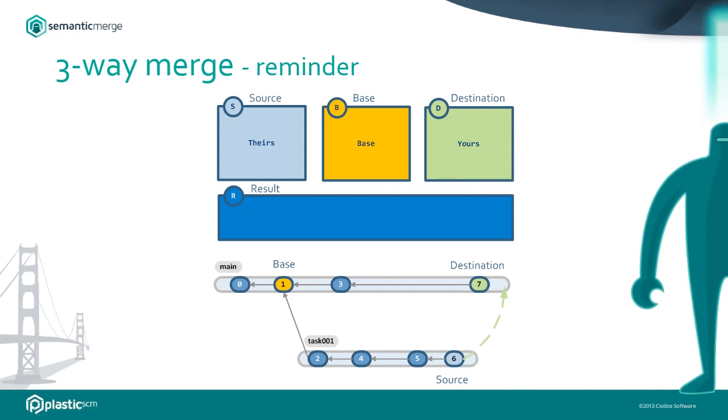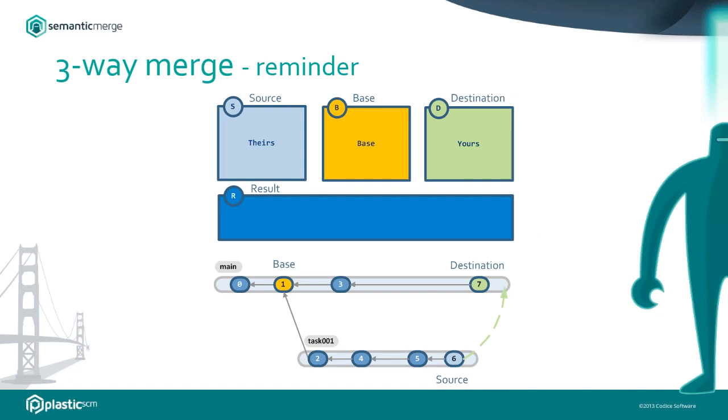Any modern version control, if you're using Git or Mercurial or our own Plastic also, will be able to find that there's an ancestor for the merge, and in this particular case it will be number 1. So what the version control system will do is send to the external merge tool three files for each, I mean, three revisions of the same file for every file to be merged.